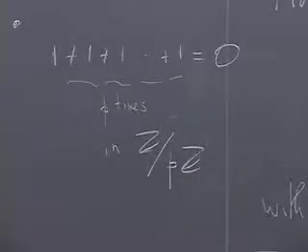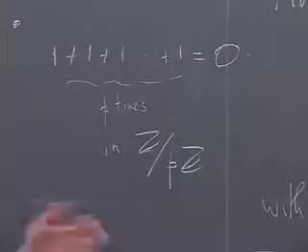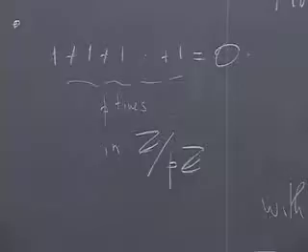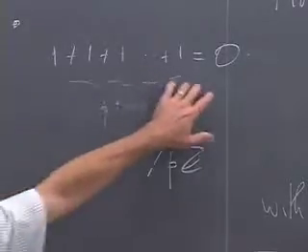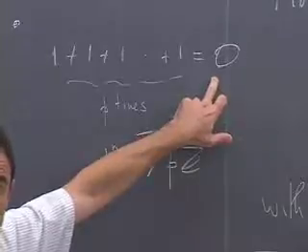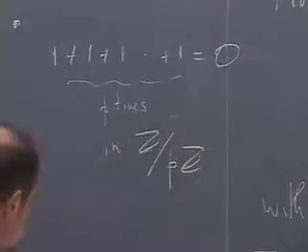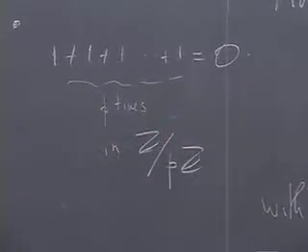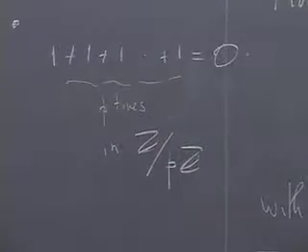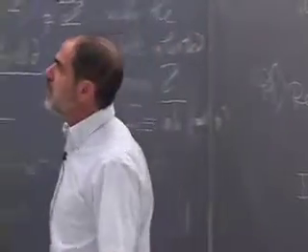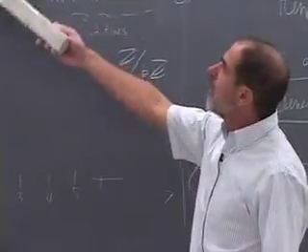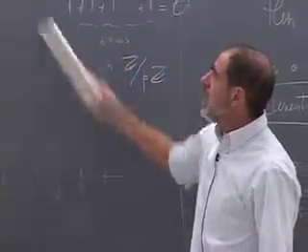And so you could never put this field inside of this one, because 1 would have to go to 1 if you had a proper embedding of fields, and then 2 would have to go to 2. And in here, all those numbers are non-zero. And here, when you do it p times, you get to 0. And that's a big distinction of fields: how many times you have to add 1 to itself to get 0. If you never get 0, then you're like the complex numbers.